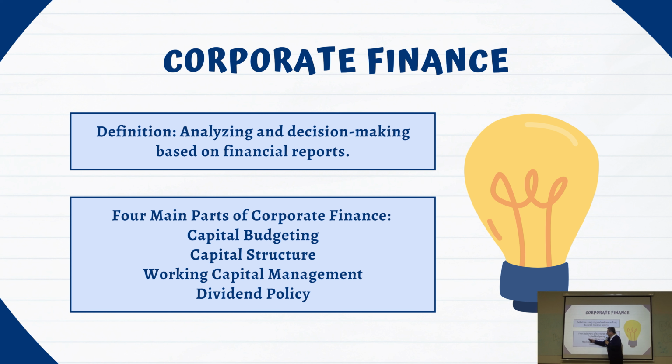Another thing is, if you want to do capital budgeting for investment in the company, then you also have to do the capital structure, because that's where the money comes from. You want to make the investment, so you have to know where the money is coming from.